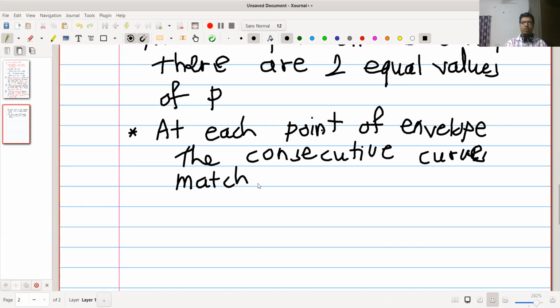Means these points are ultimate intersections of consecutive curves.